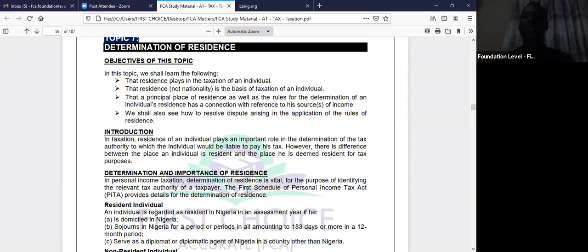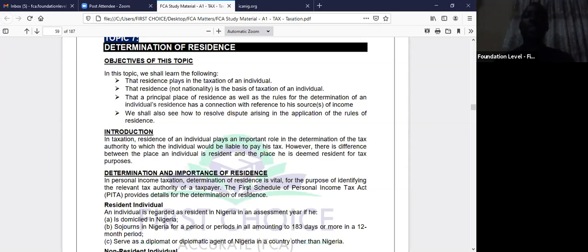That means the 12-month period is, let's say, from January to December. So during that period, if your cumulative stay in Nigeria, where you earn income, is 183 days or more, that means you are a resident individual.